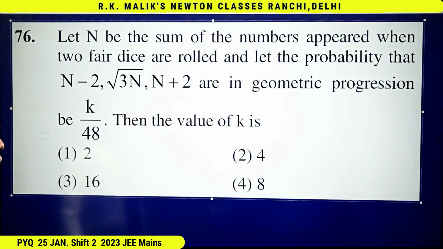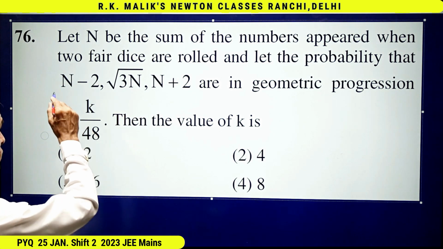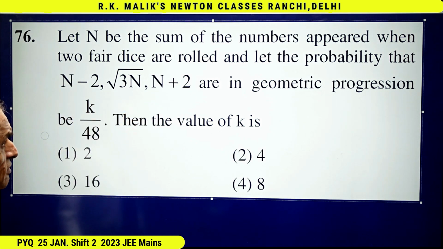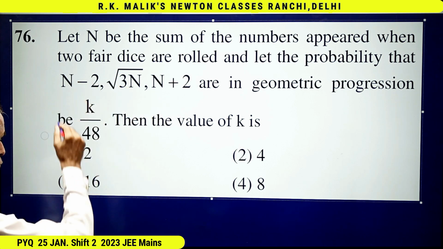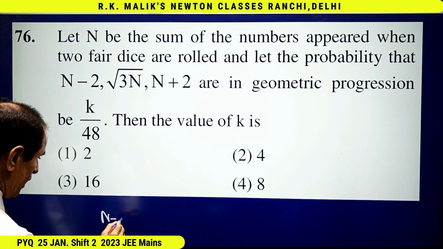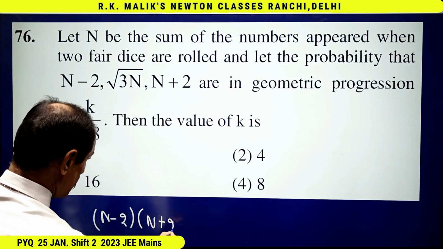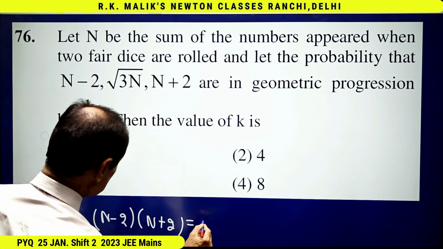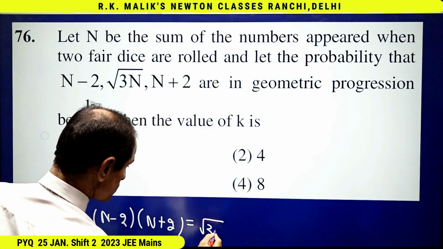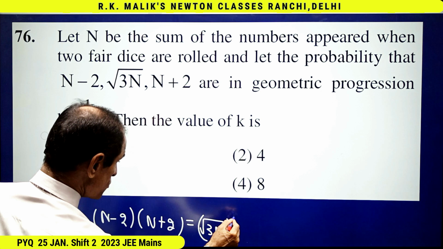First of all, I will find the value of n so that these three numbers are in GP. It's very simple to see that for these three numbers to be in GP, (n minus 2) into (n plus 2) is equal to (under root 3n) whole square.